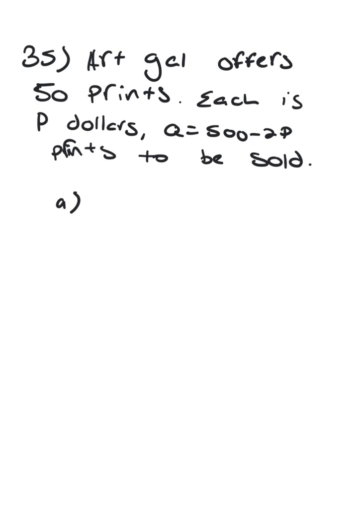So the demand function is Q equals 500 minus 2P. For the number of prints sold to be non-negative, we need 500 minus 2P to be greater than or equal to 0.